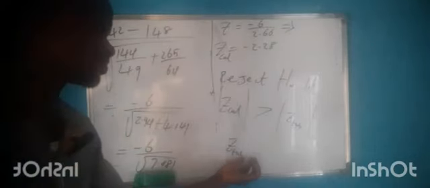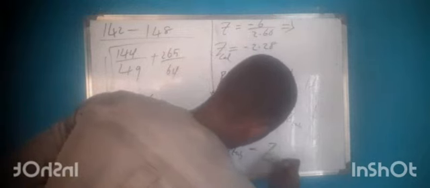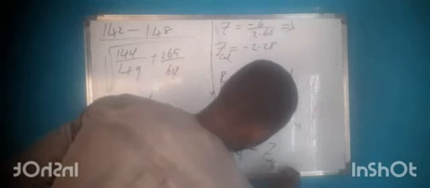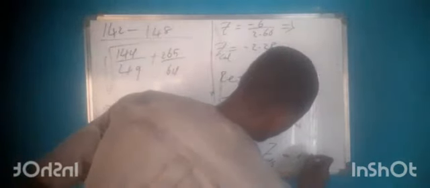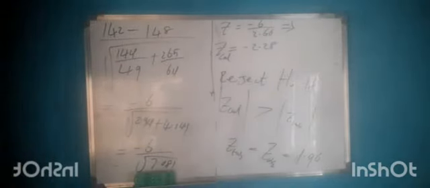At alpha equals 0.05, Z alpha over 2 is equal to 1.96.